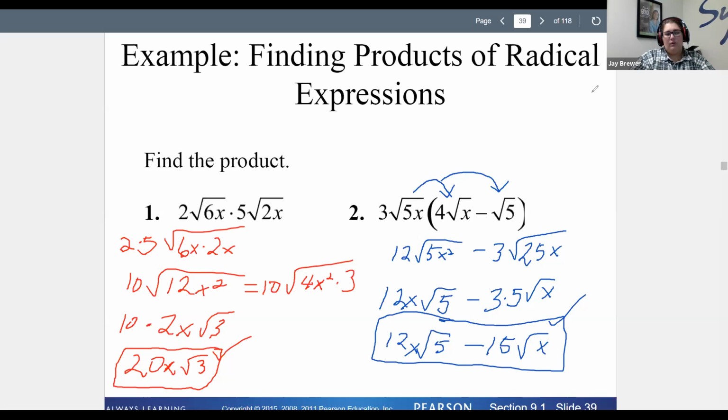What's the difference between the square root of 5 and the square root of x? My square roots match, right? They both have square roots in them. So why can't I go ahead and subtract? Why isn't my answer -3 something?